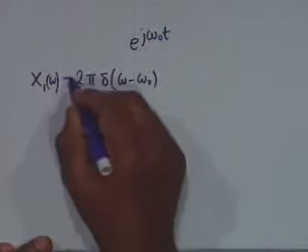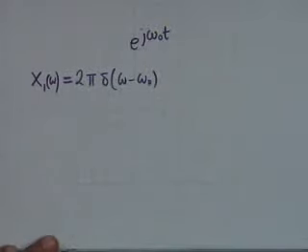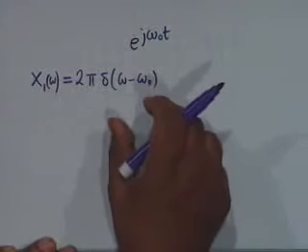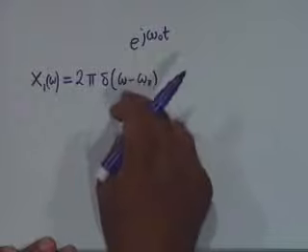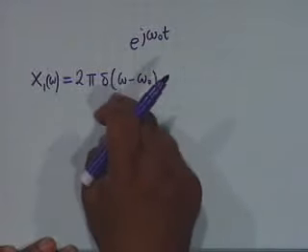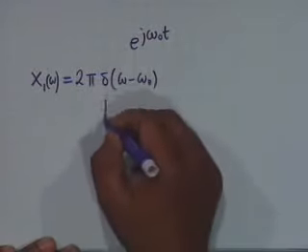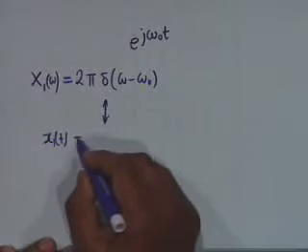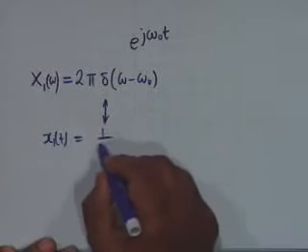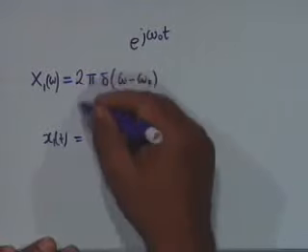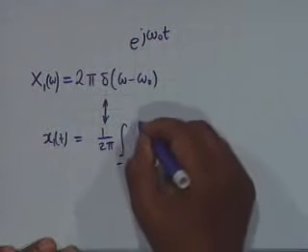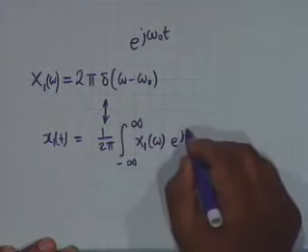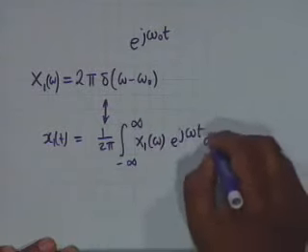This is an impulse in the frequency domain, occurring at omega equal to omega 0, whose strength is twice pi. Let's see what its inverse Fourier transform is, that is x1 of t. Now, you know that the inverse Fourier transform is obtained by 1 by 2 pi, and the 1 by 2 pi shall cancel, integral from minus infinity to plus infinity, x1 of omega e to the power j omega t d omega. Alright?